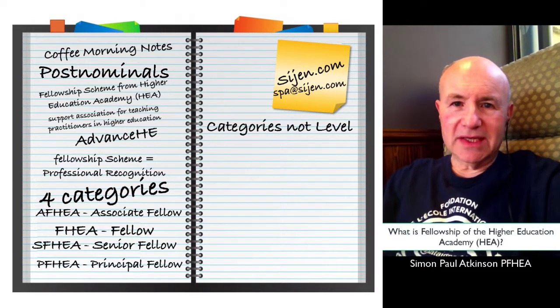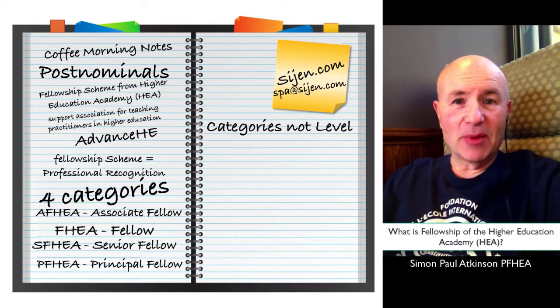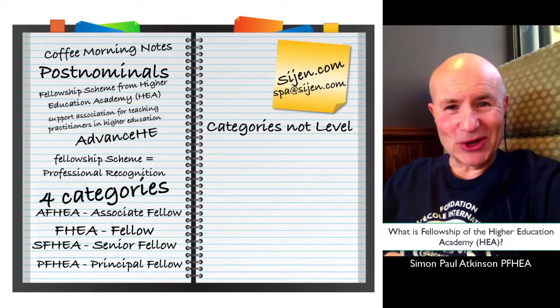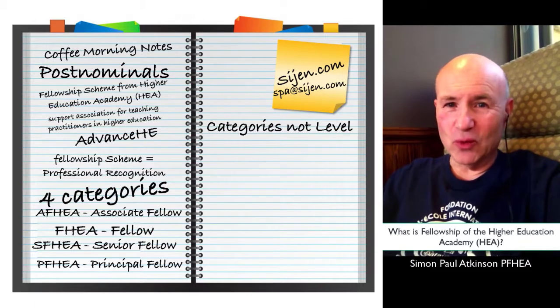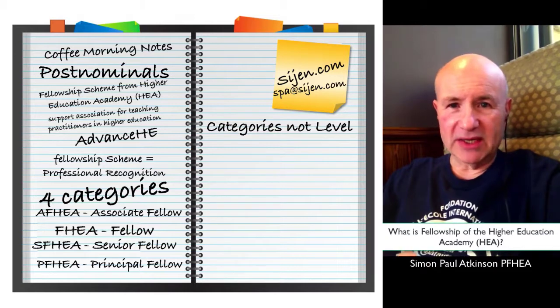So there's no assumption that you are necessarily going to go in as an associate fellow and then ultimately end up as a principal fellow, because it's not about duration of time served. It's not about how long you've been in your role or what incremental improvements or enhancements you might have done in your practice within a particular category. It's very much about the role that you play in higher education.